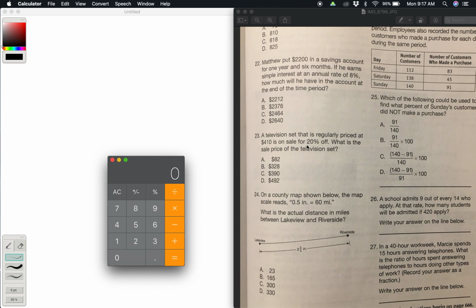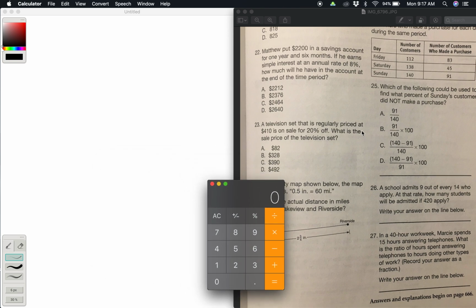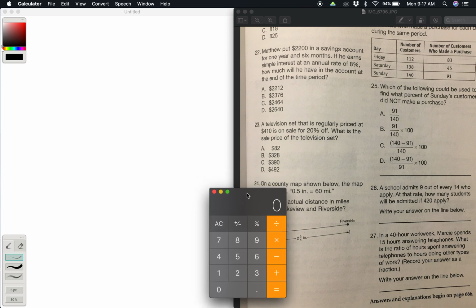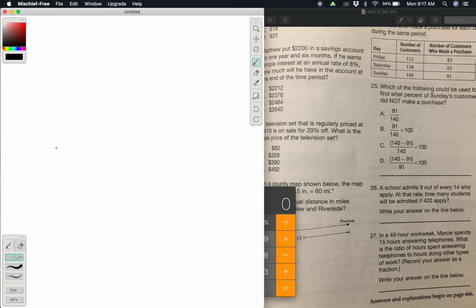Okay, number 23. A television set that is regularly priced at 410 is on sale for 20% off. What is the sale price of the television set? So let's see here. We have the base, which is 410, what it's normally priced at.